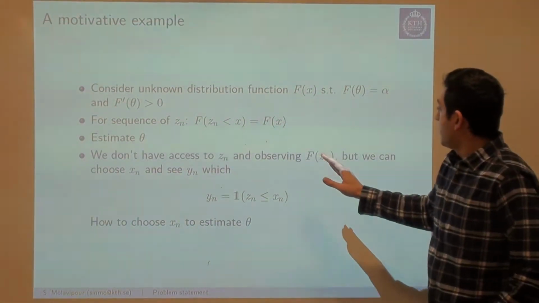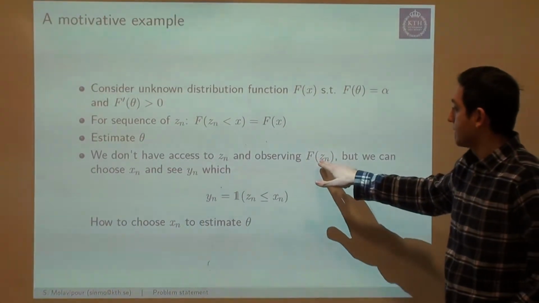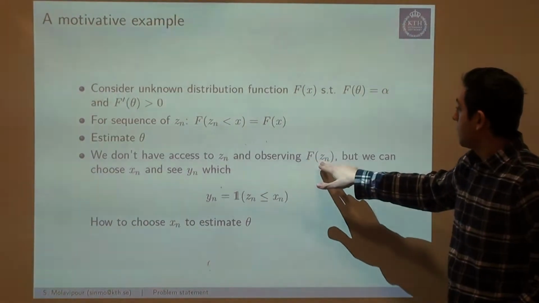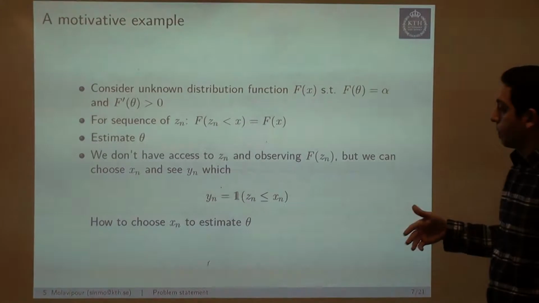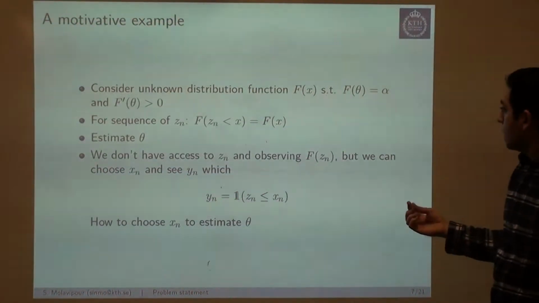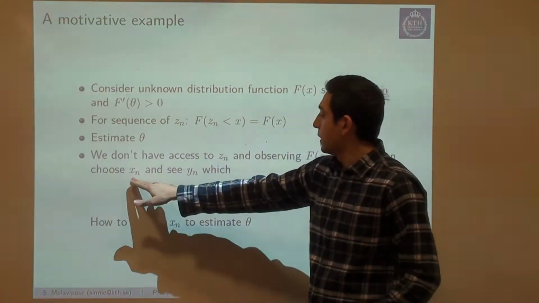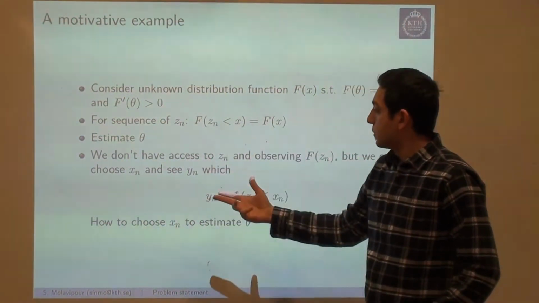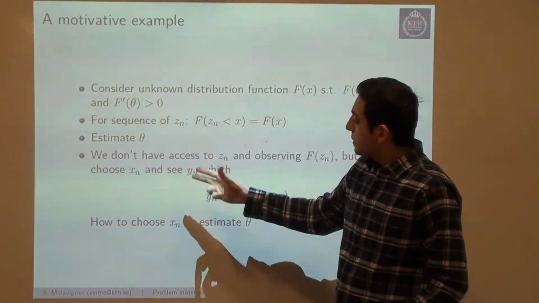Let's say that we cannot observe f of Zn. We don't have access exactly to f of Zn because, let's say, the experiment was costly for us. But what we can do is experiment on another sequence xn, which is somehow related to Zn, and then we can see the observations yn.